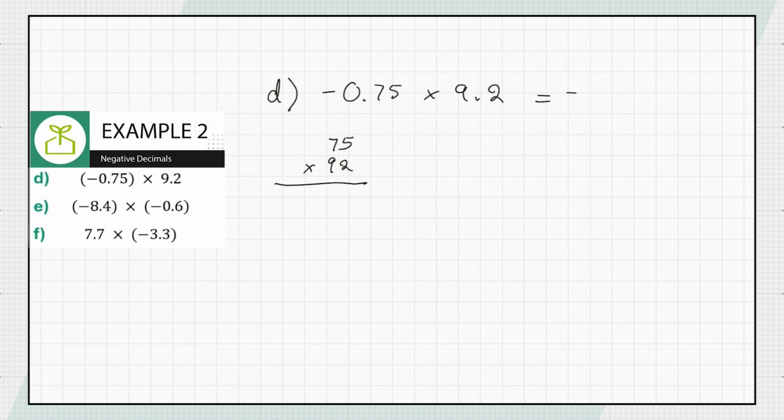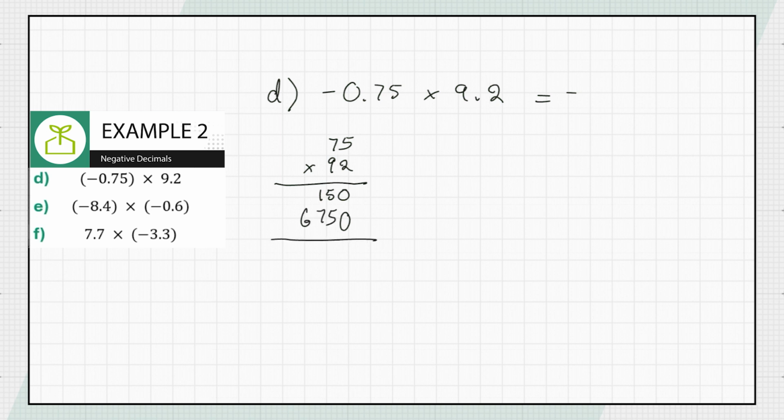Alright, we can do 2 times 75 straight away, which is going to be 150. Now we can do 9 times 75. An easy way to do this in your head is just to do 10 times 75, which will be 750. And then take away a group of 75 from that, which will give you 675.